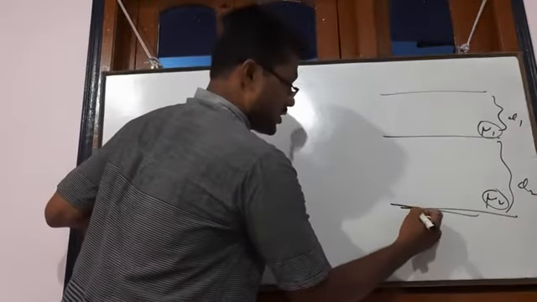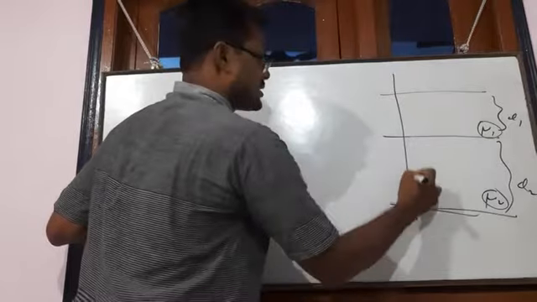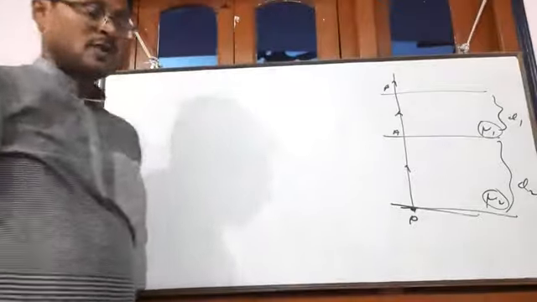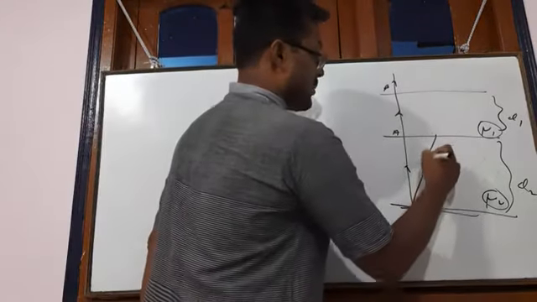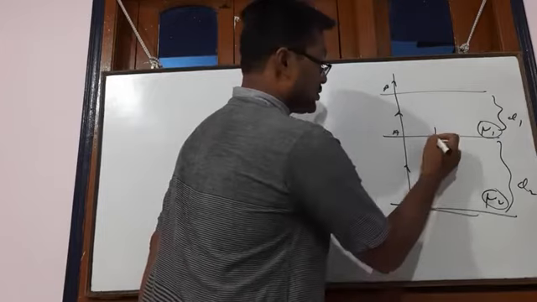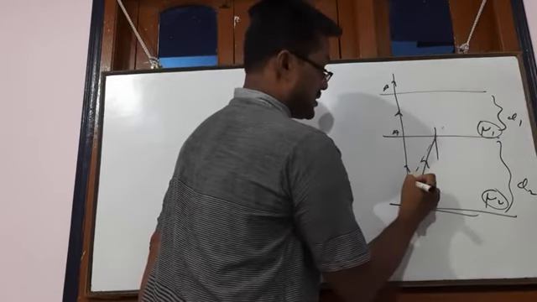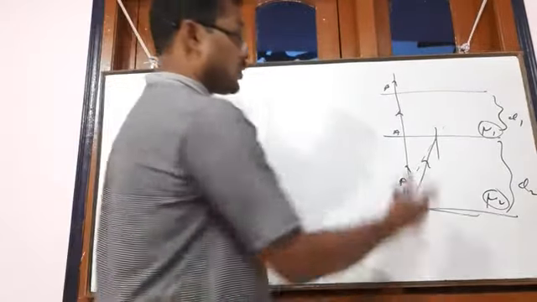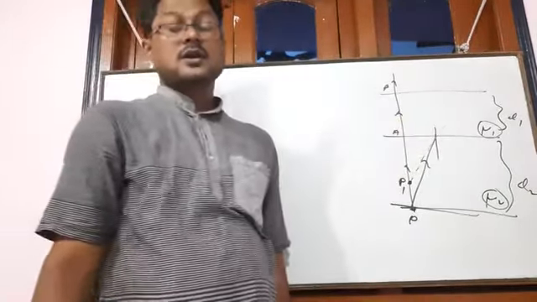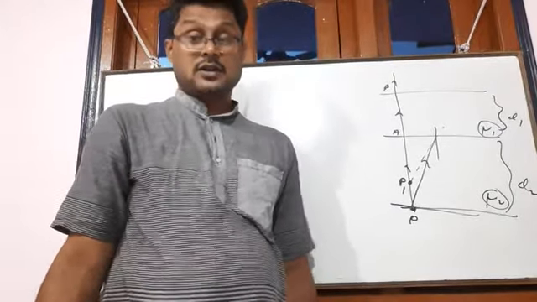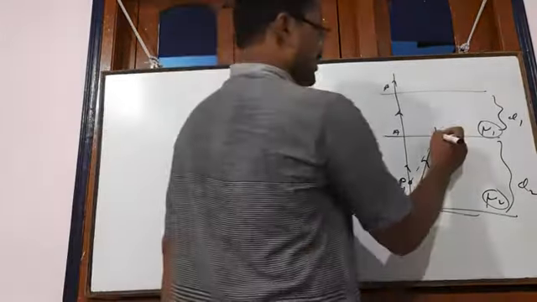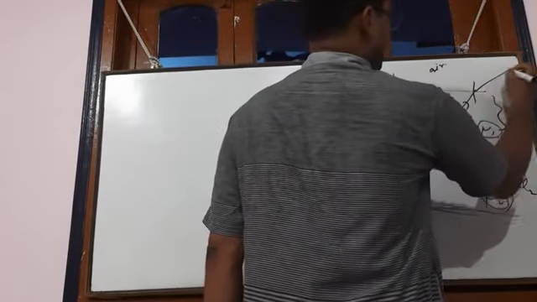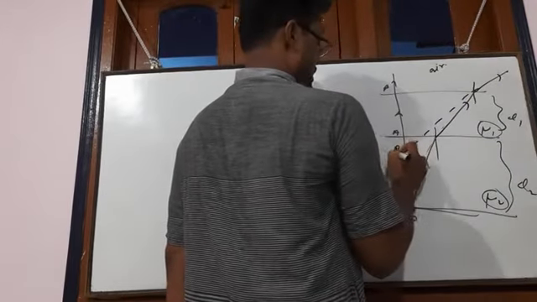An object is situated here at P. When a light ray is incident normally at A and B, it goes without any deviation. Another light ray is incident here making a certain angle, and after refraction it appears to come from P1. So this is the apparent position due to refraction at the first plane of separation. Now this refracted ray is incident here and goes into air, away from the normal, and again you extend it.